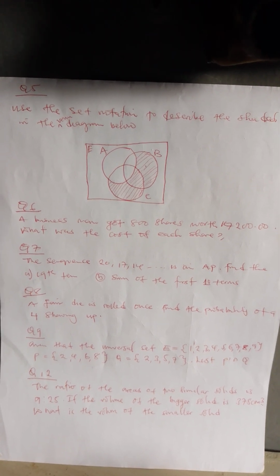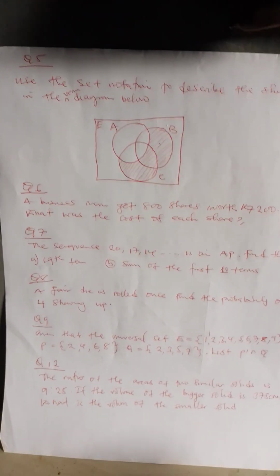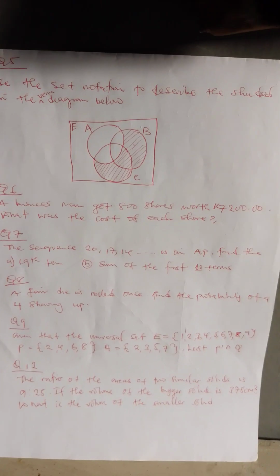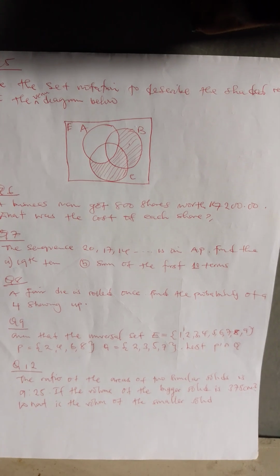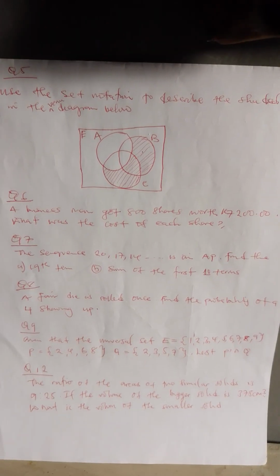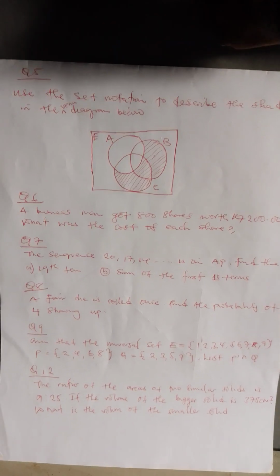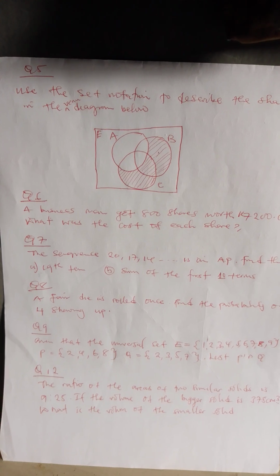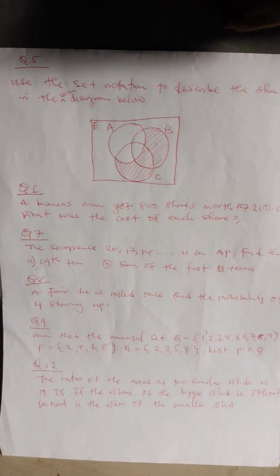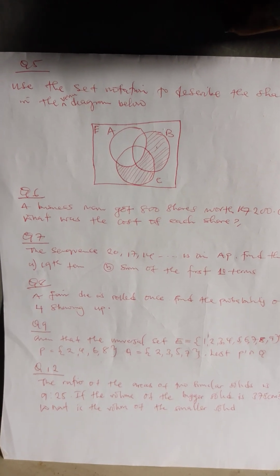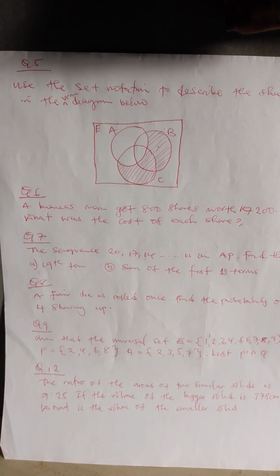What was the cost of each share? So a businessman, out of 800 shares, was given 7,200 per 800 shares. What was the cost of each share?